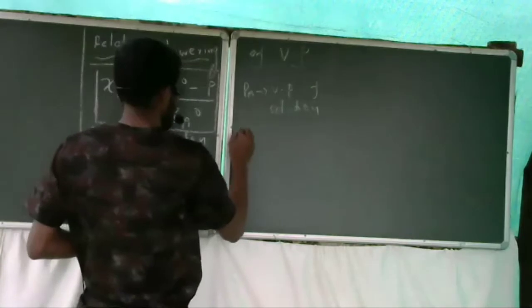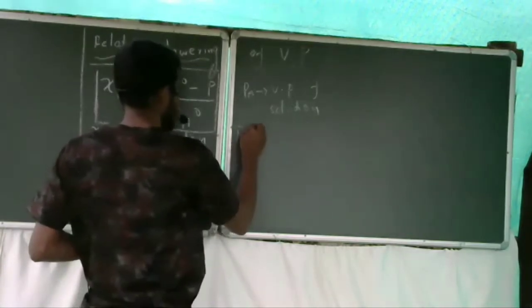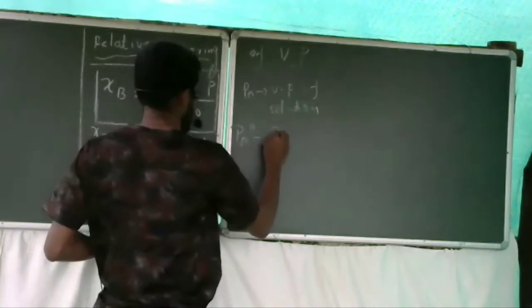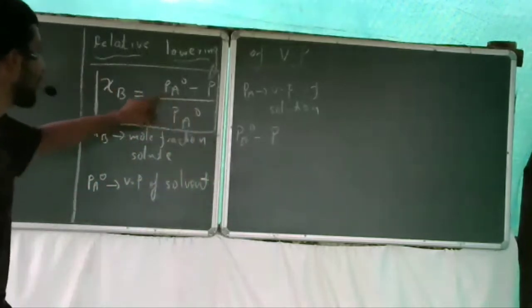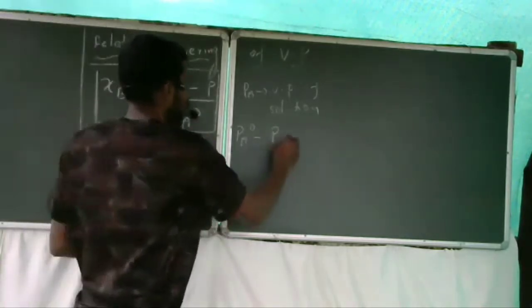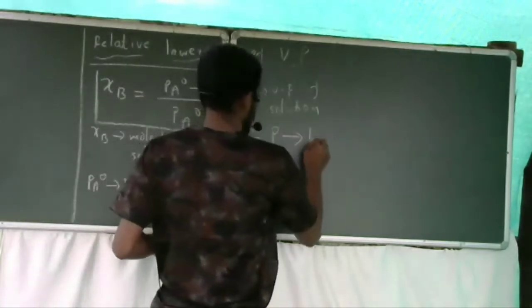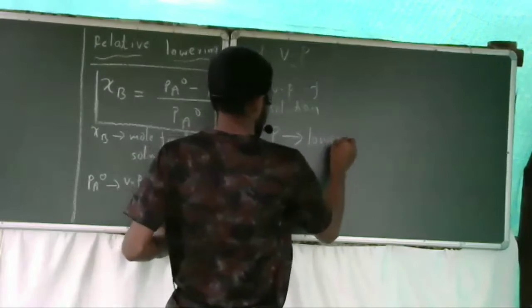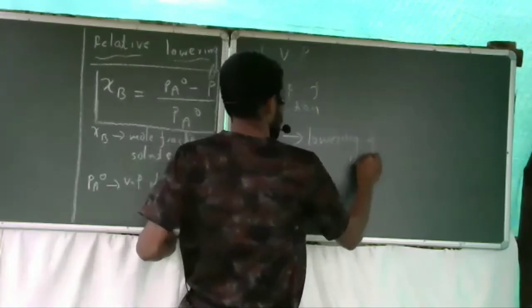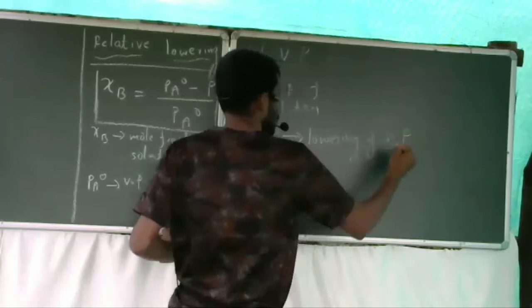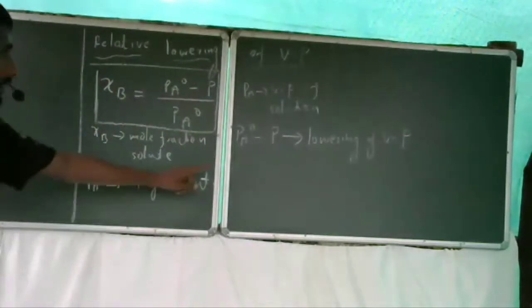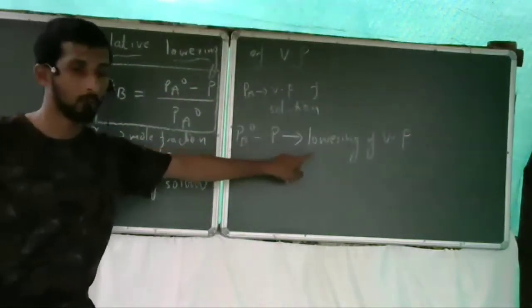Then one more term, the numerator term, Pa naught minus P, is called lowering of vapor pressure.